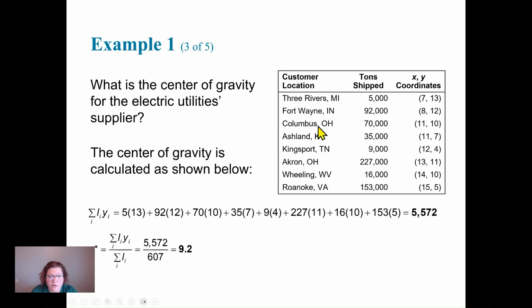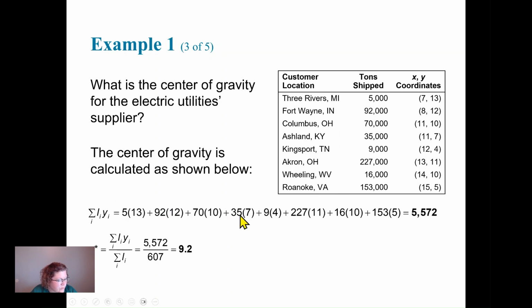We'll do the same thing for the Y side of the coordinates. In this case, Three Rivers, Michigan, we've got 5,000 tons. The Y coordinate is 13. So the first term in this equation is 5 times 13. For Fort Wayne, Indiana, you've got 92,000 times 12, so 92 times 12 is the second term here.